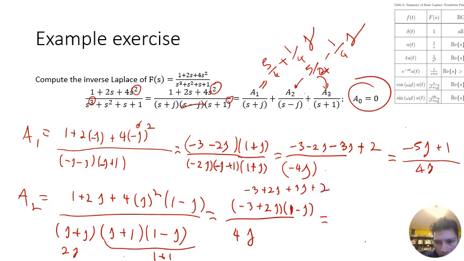And so we're going to have negative 1 plus 5j divided by 4j. And indeed, we multiply top and bottom by j so that we get, what is it? Negative j over 4 plus, or sorry, top and bottom by j.